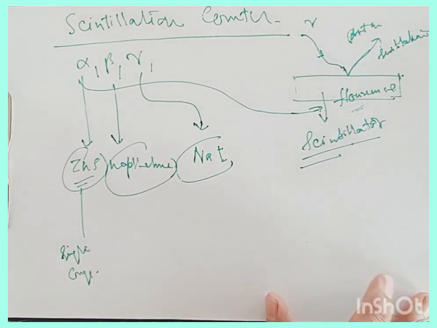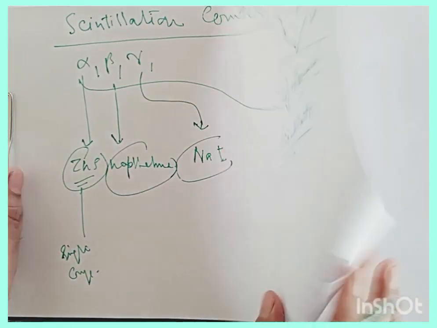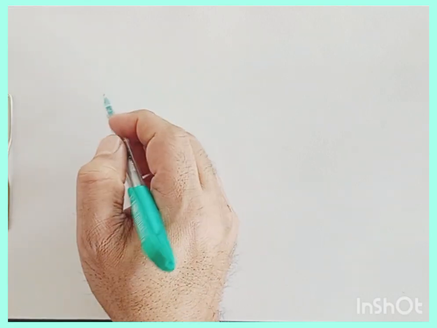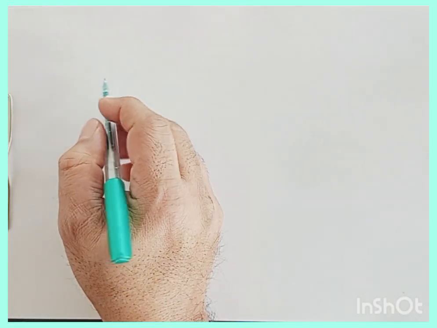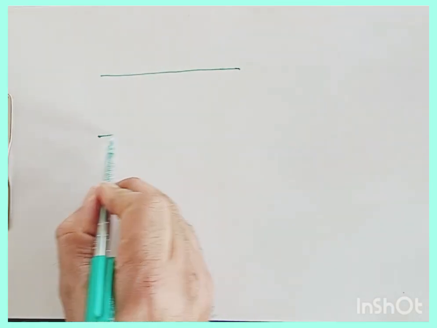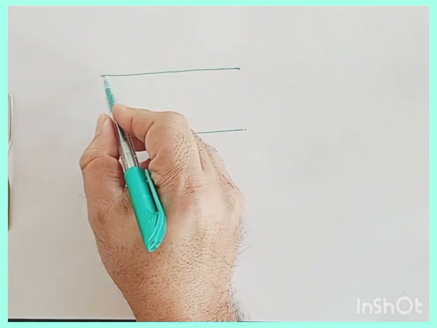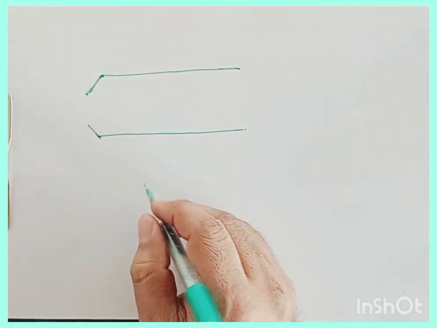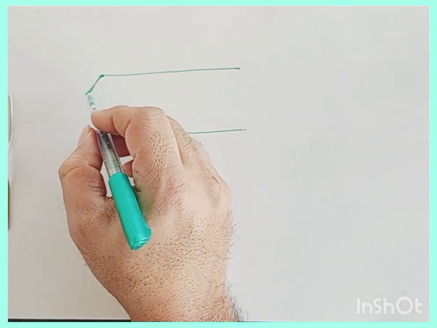Now, let me try to draw the rough diagram of this scintillation counter. We have a tube, and this tube is called the photomultiplier tube.